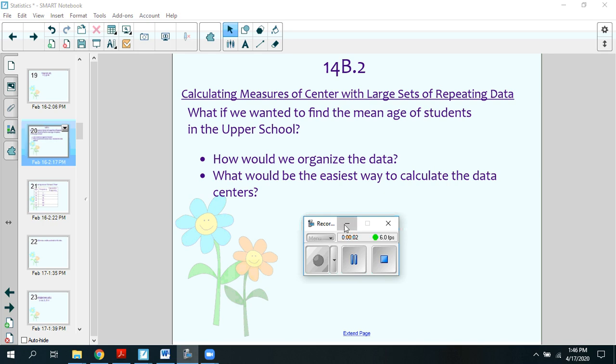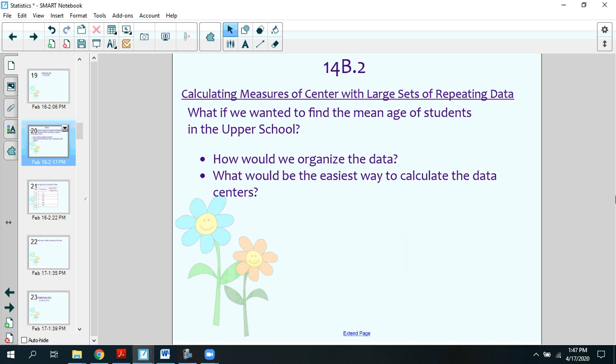Hi, students. Before today, we talked about measures of center, specifically mean, median, and mode, and how they help us to summarize and organize our thoughts regarding data. Now, today we're going to focus on 14B.2, which discusses calculating measures of center with large sets of data that repeats.